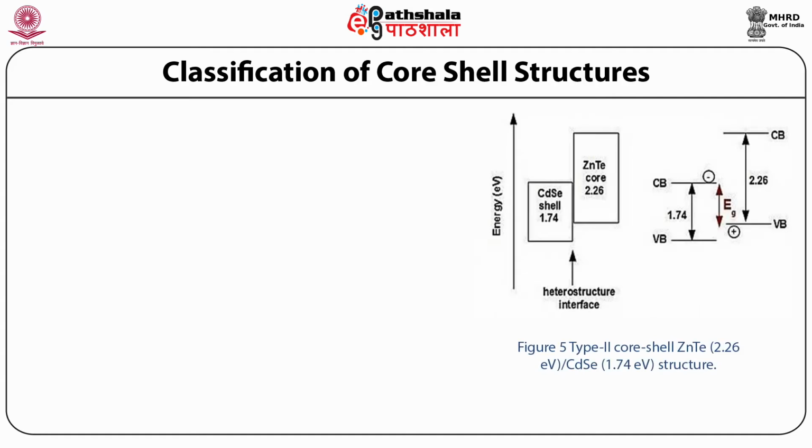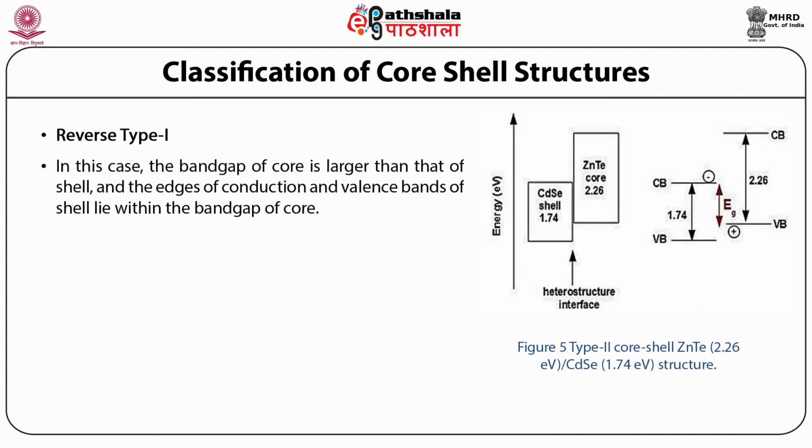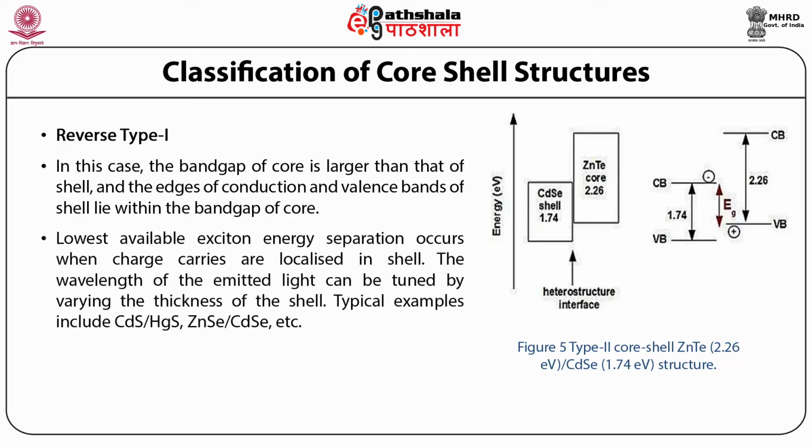Another type of core shell structure is the reverse type 1. In this case, the band gap of core is larger than that of shell, and the edges of conduction and valence bands of shell lie within the band gap of core. Lowest available exciton energy separation occurs when charge carriers are localized in the shell.